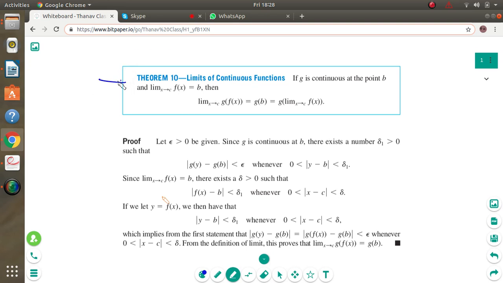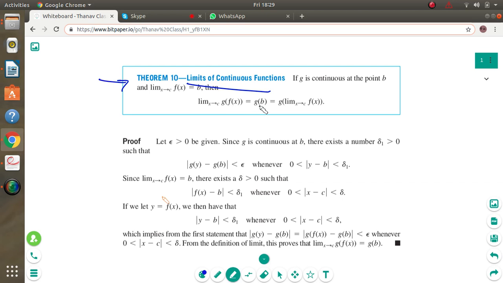If g is continuous at the point b and limit x tends to c of f of x is equal to b, so we can say limit x tends to c of g of f of x is equal to g of b.